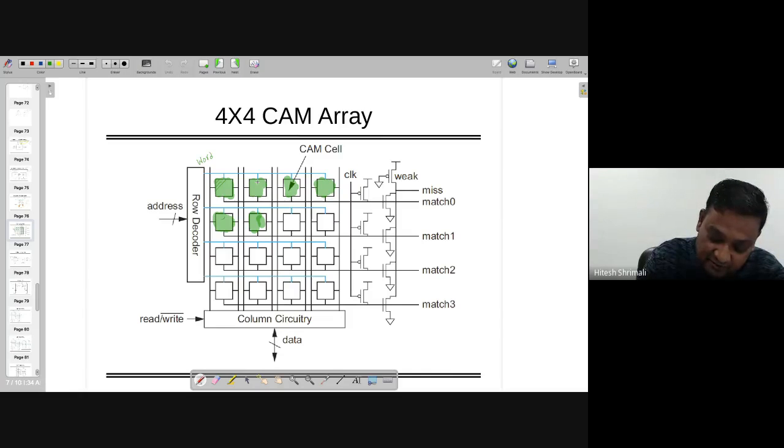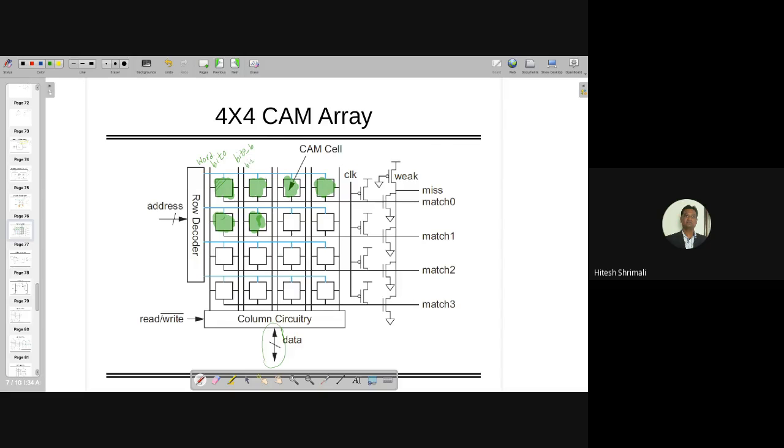And from the column circuitry, look at this. This data is bidirectional, and here there is a bit line. This is bit bar. So this might be bit 0, and this is bit 0 bar. This is bit 1, and this is bit 1 bar, and so on, right?